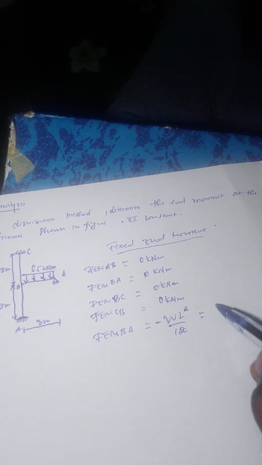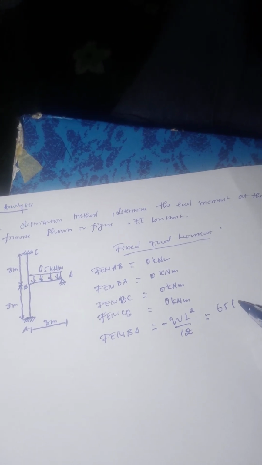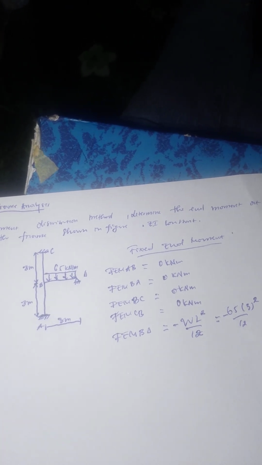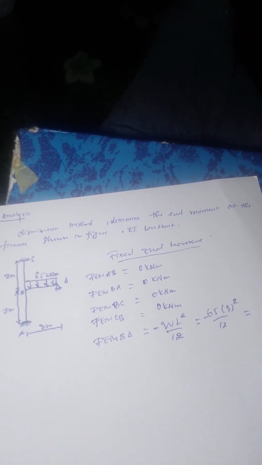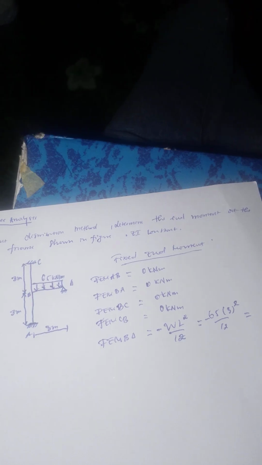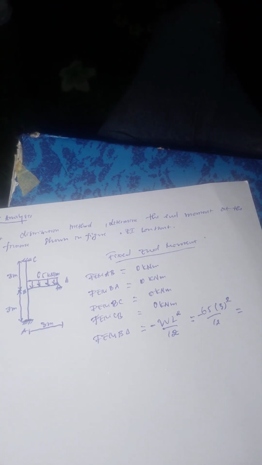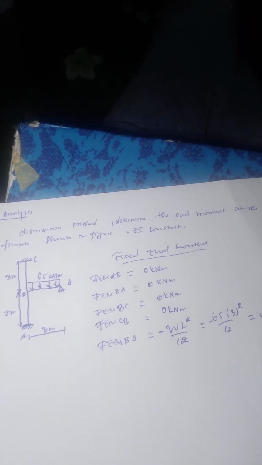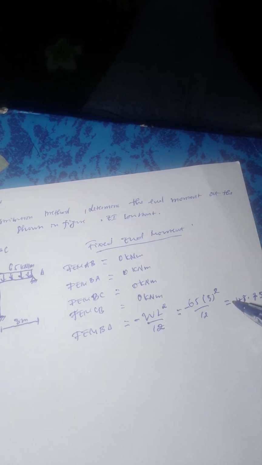We will have negative 65 times 3 squared over 12, which is 65 times 9 over 12, and we must have negative 48.75 kilonewton meter.